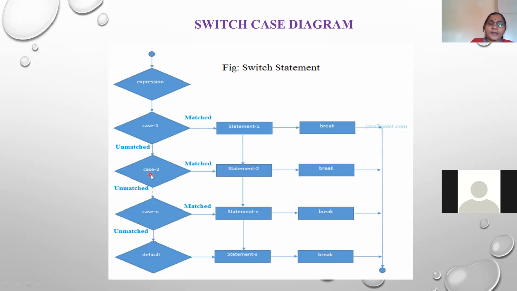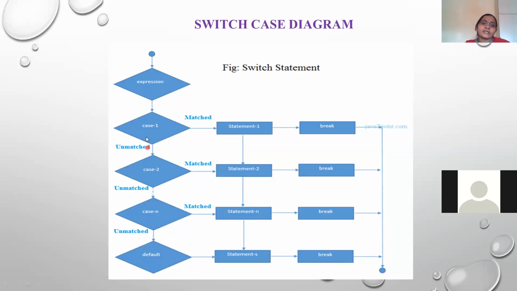But if it doesn't match, then it goes to the next case, and likewise all the cases are compared with the result of the expression. Whenever a match is found, the corresponding statement block is executed, and due to the break, program control transfers out of the switch body.